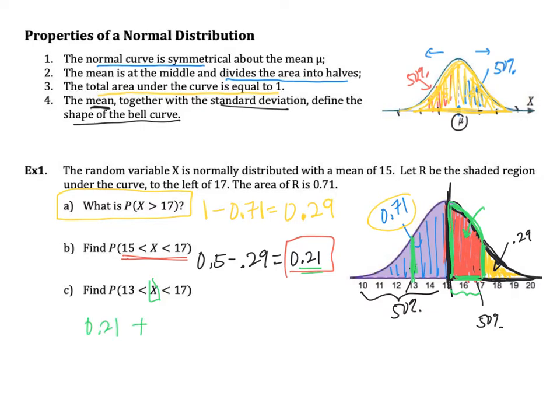Now I'm going to add that to the area between 13 and 15. What do you notice? 15 goes to 14 goes to 13, that's 2 standard deviations away, and 16 and 17 is also 2 standard deviations away. So these two sides are equal to each other. It's just twice 0.21, so you could say that's 42% or 0.42.